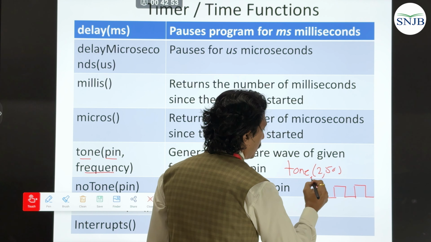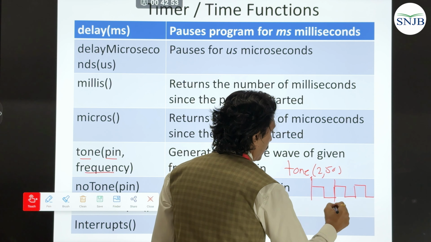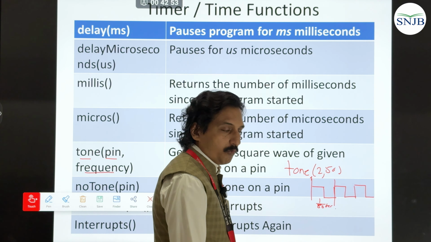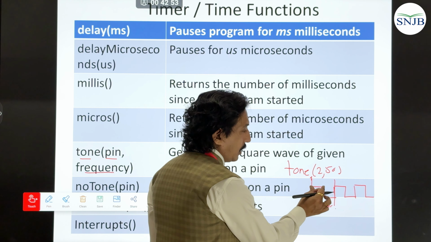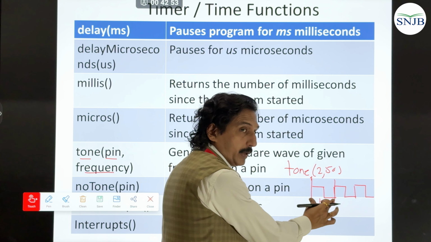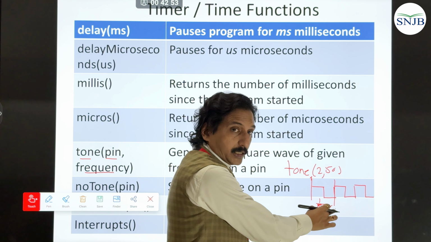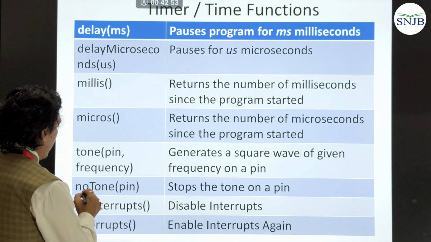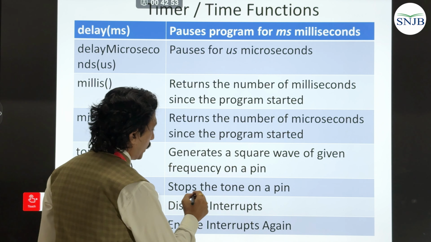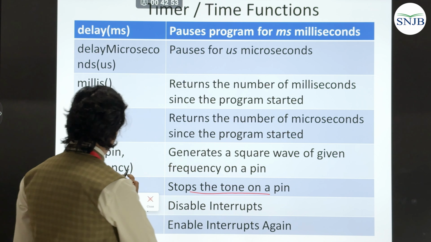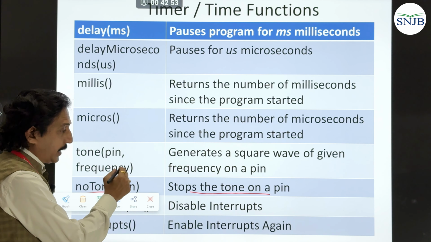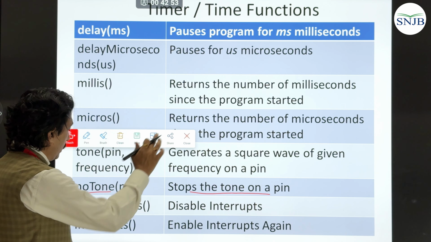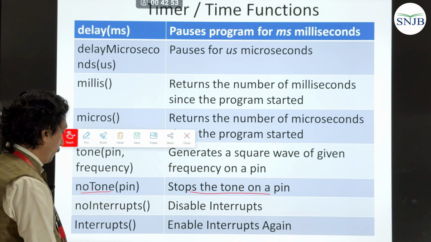So the duration is 1 upon 50 seconds; this complete cycle of high and low is 1 upon 50 seconds. Then noTone stops the tone on that pin. If we previously generated the square waveform on pin number 2, you can stop it with noTone.